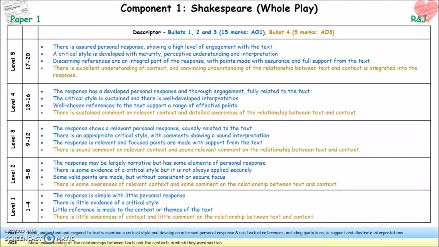But if you're unable to do that, it's actually not explicitly stated, so don't worry. You want discerning references. So again, your quotations, relevant ones, and you need to have an understanding of the context, making sure it's relevant, like I was just talking about, linking toxic masculinity to the boys.